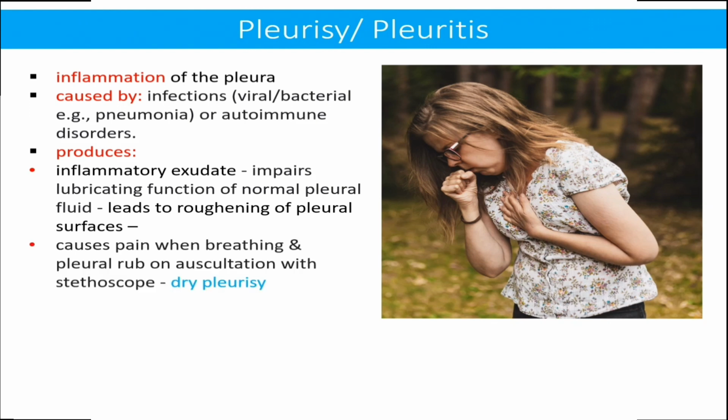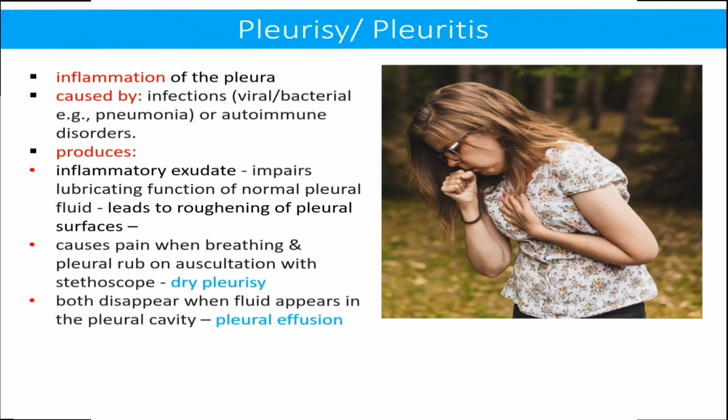This roughening causes pain when breathing and pleural rub on auscultation with stethoscope, and the disease is named as dry pleurisy. Both pain and pleural rub disappear when fluid appears in the pleural cavity, and the state is named as pleural effusion.